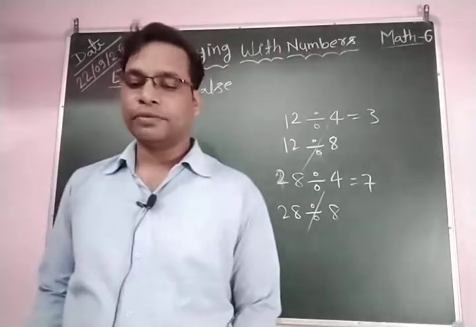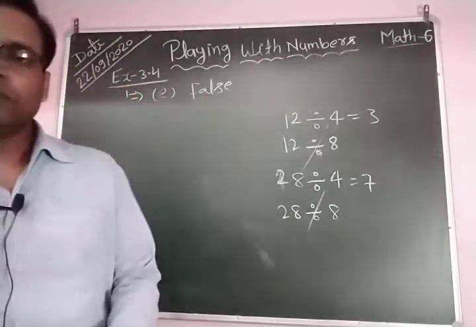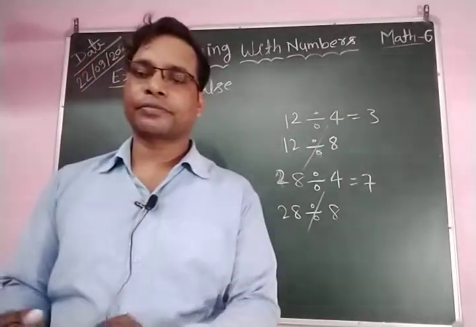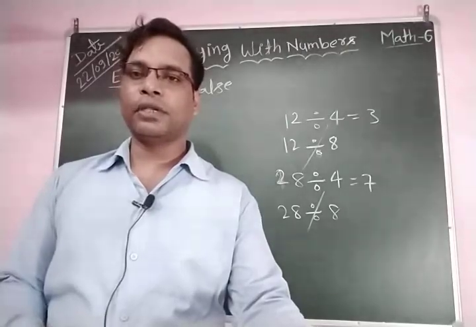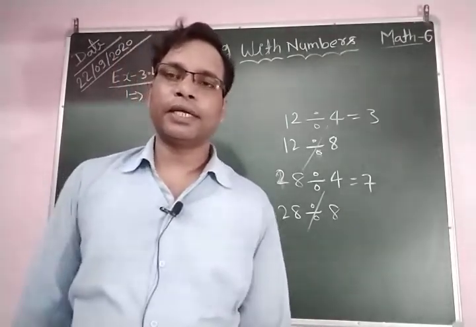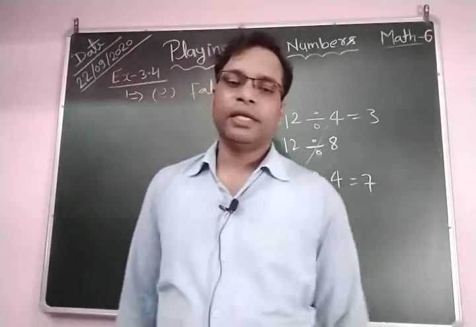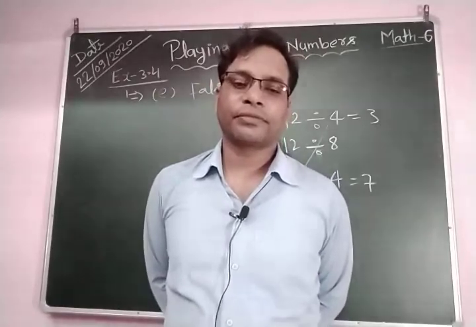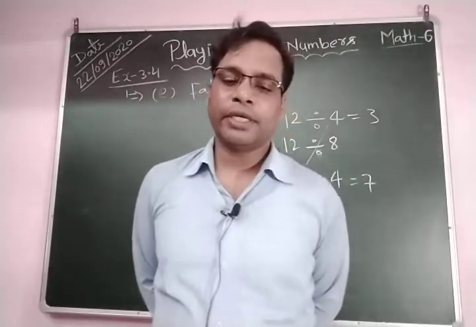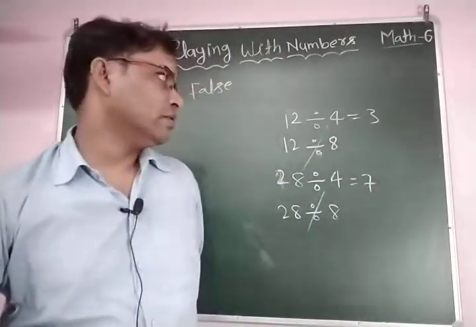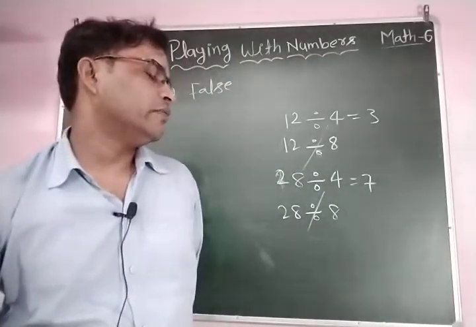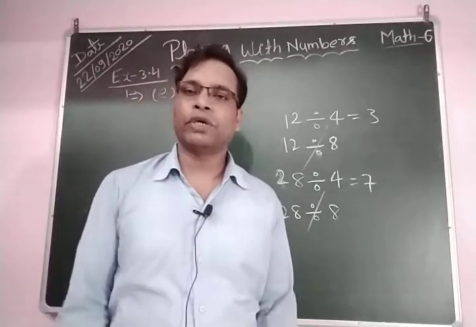Clear? Now we are going to discuss the next part of question number 1. This is the G part. The G part says that all numbers which are divisible by 8 must also be divisible by 4. So let's see how we can find out whether this statement is true or false.